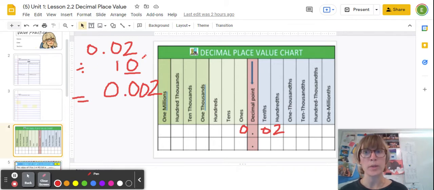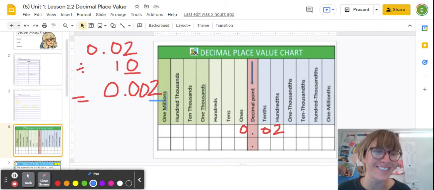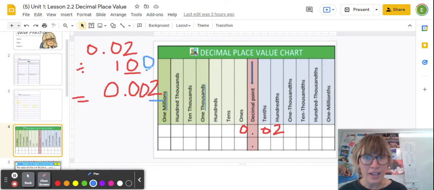So we're going to now recognize where we were, right? When we divided our 2 hundredths by 10, it got 1/10 smaller, okay? So we ended up here at 2 thousandths. Now we're going to divide by 100. So we're going to divide by one extra zero, or one extra place value spot.